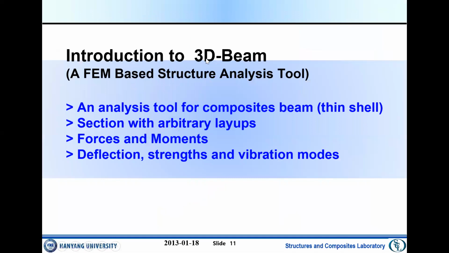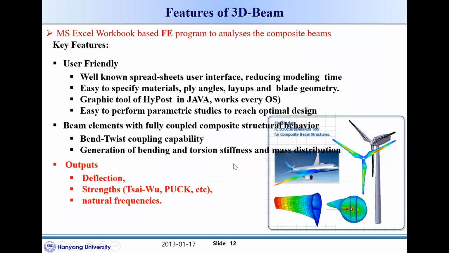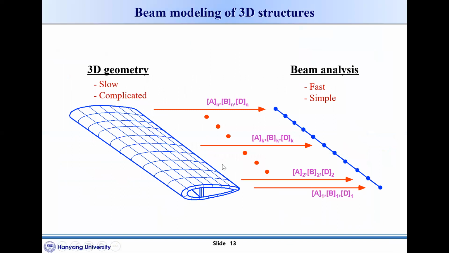And again, the theory is beyond our class, but as I mentioned, this theory is based on the finite element program. So let's say we have a 3D geometry structure like that. If we analyze it as it is, the computation is very slow and modeling-wise very difficult.